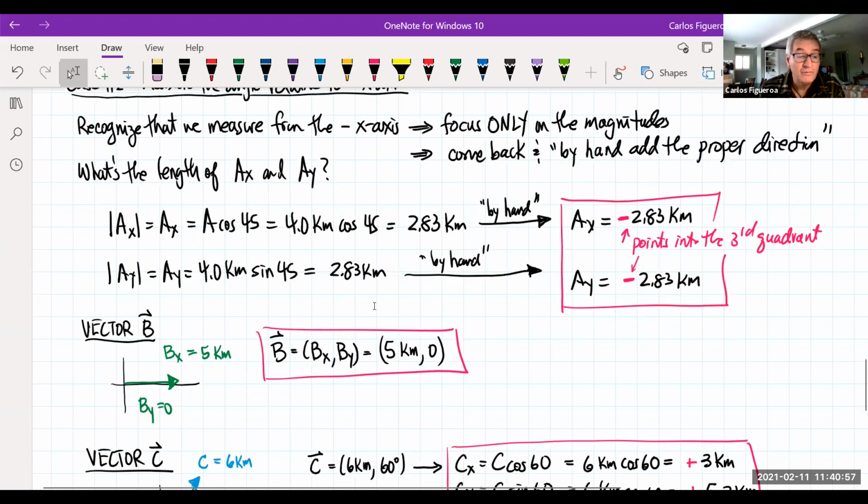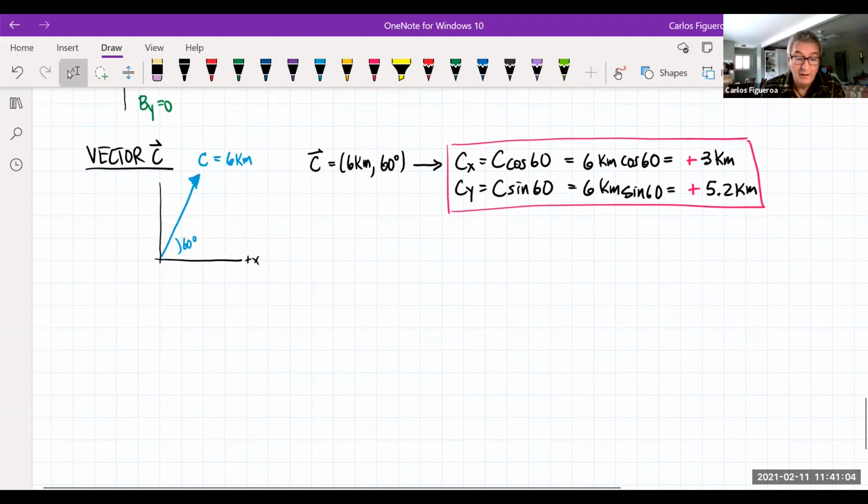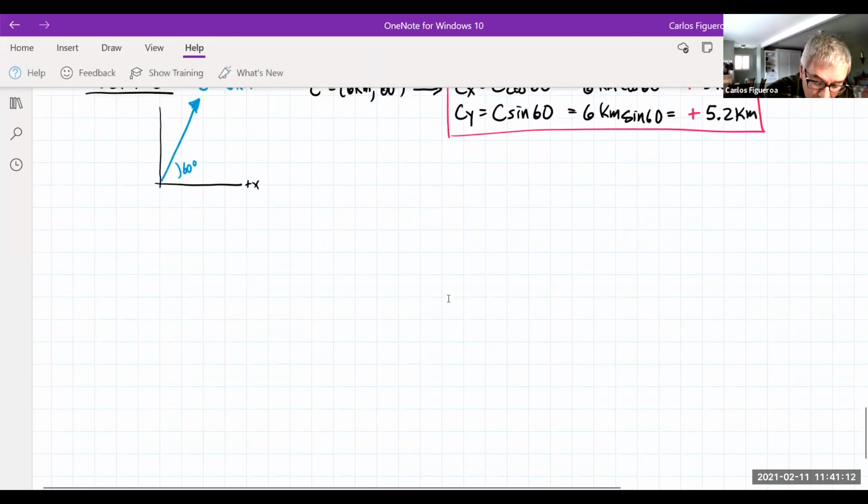So now I'm going to form the vector D. So here we go.